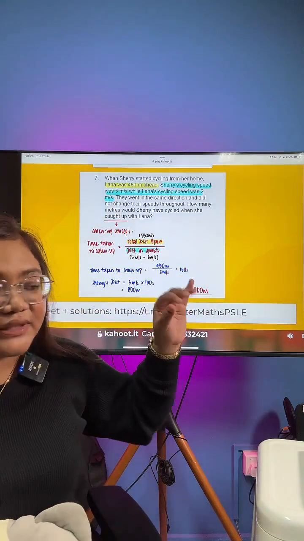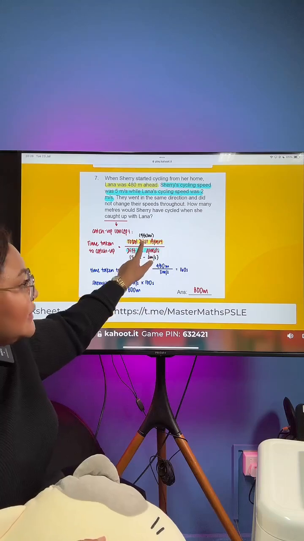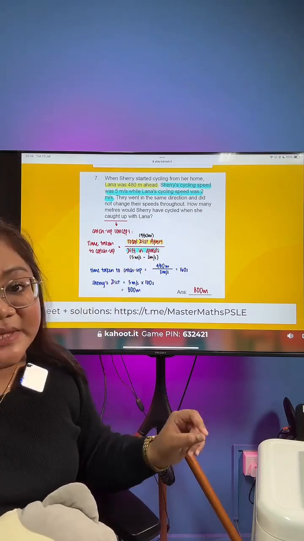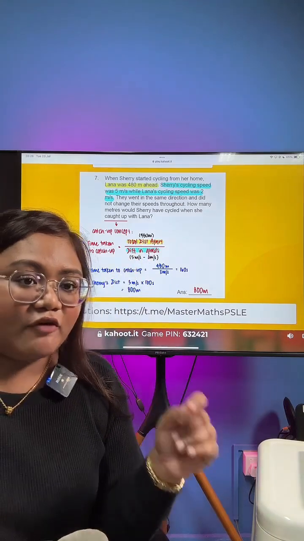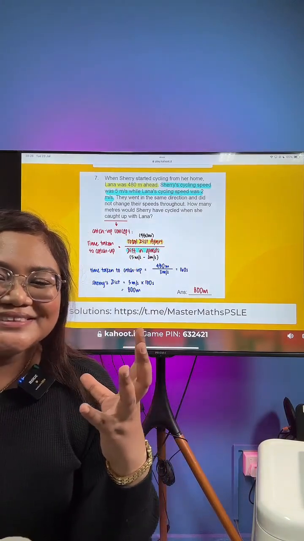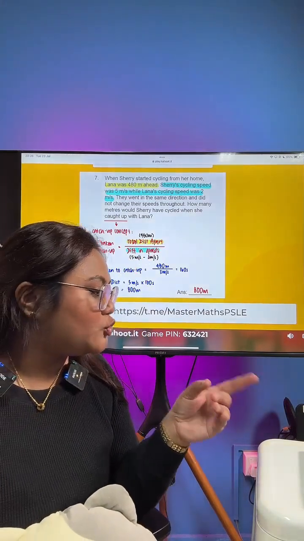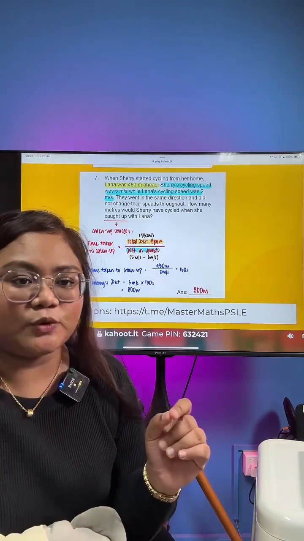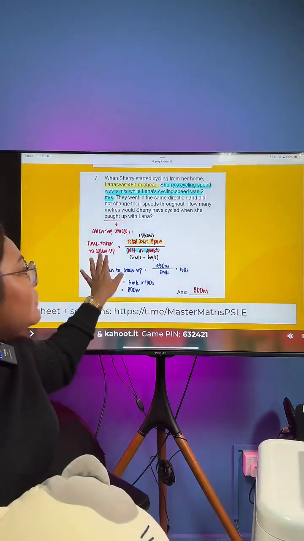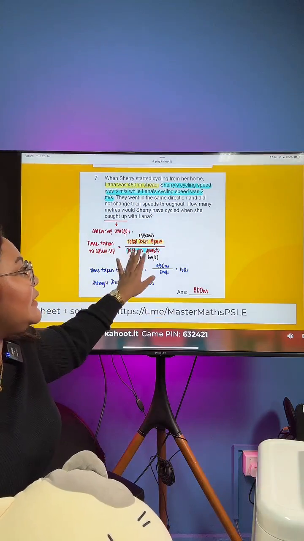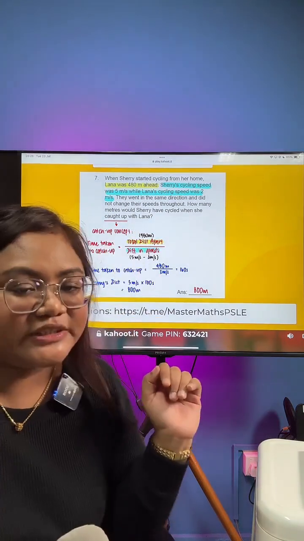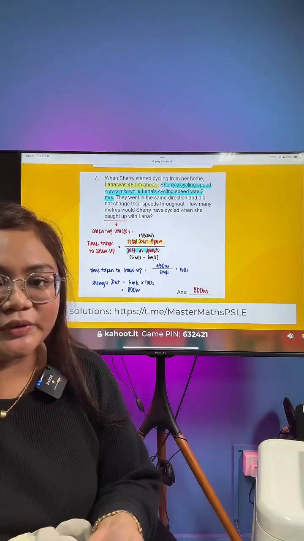If the time taken to catch up is total distance apart divided by difference in speeds, what do you think is the formula for time taken to meet up? Because that's the next question. Meet-up concept. Time taken to meet up will be total distance apart divided by what of the speeds? That is my clue for your next one.